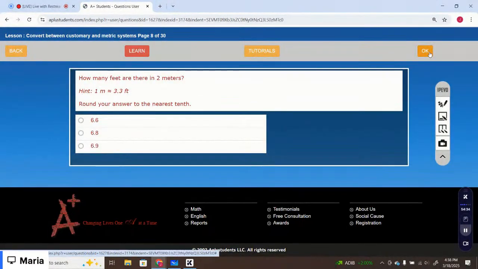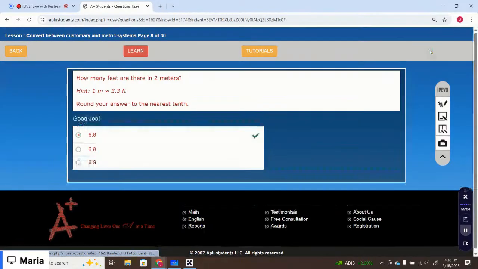How many feet are there in 2 meters? Times 3.3 equals 6.6.